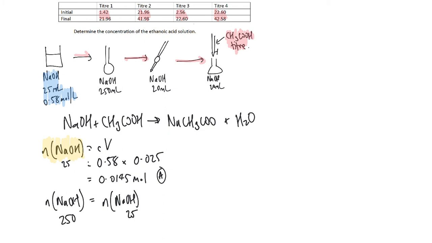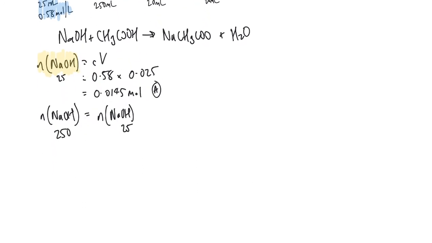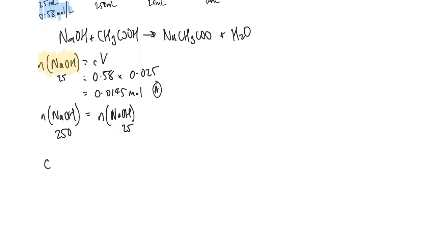Actually, we don't even need to do that, really. That's if you want to work out the concentration of that substance in there. We haven't been asked to work out the concentration, but we will do it anyway, and then we'll have a look at another way to do it. So you can work out the concentration of this NaOH 250 by saying it's equal to n over V, where n is A, because it's the same.